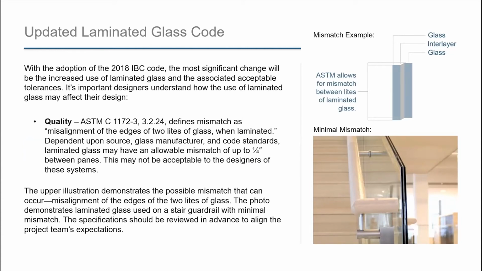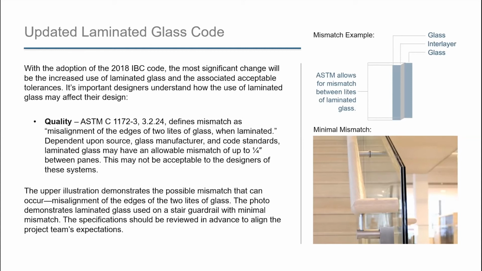Starting with quality, the code defines mismatch as misalignment of the edges of 2 lights of glass when laminated. Dependent upon source, glass manufacturer, and code standards, laminated glass may have an allowable mismatch of up to 1/4 inch between panes. This may not be acceptable to the designers of these systems.